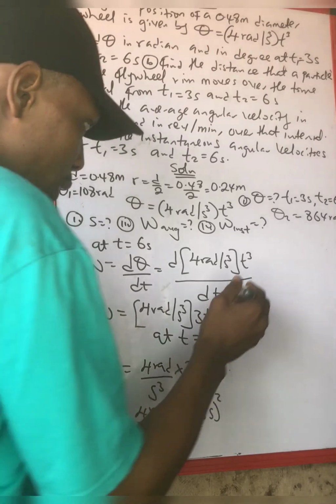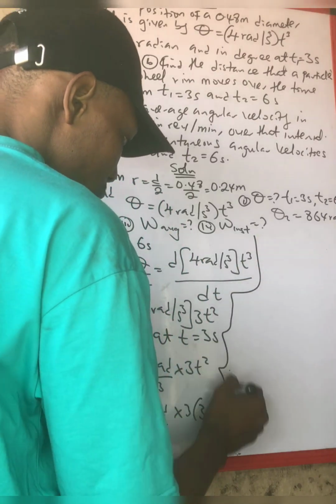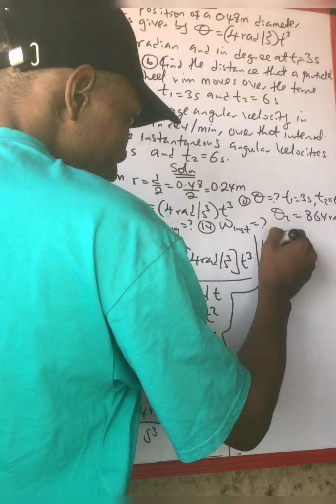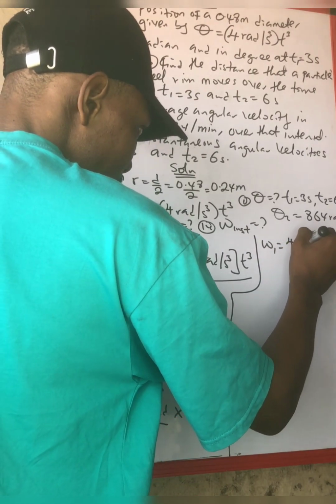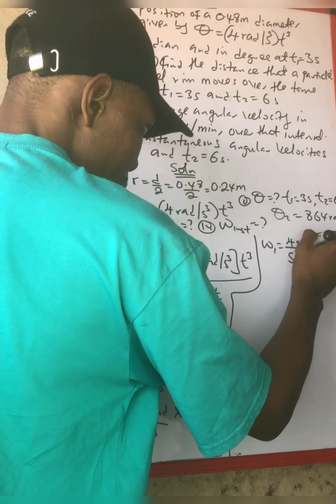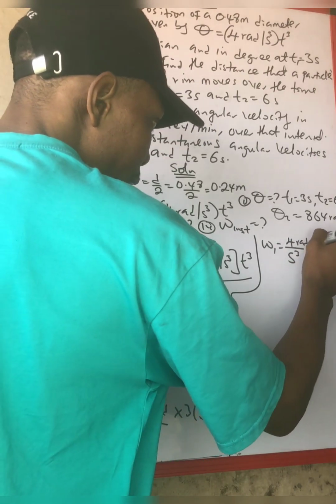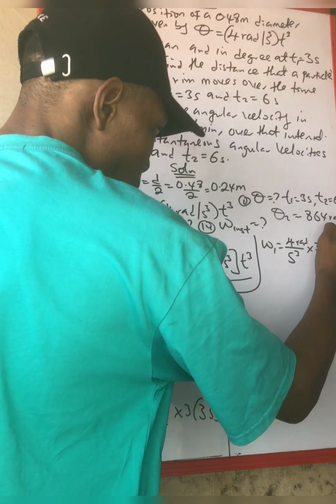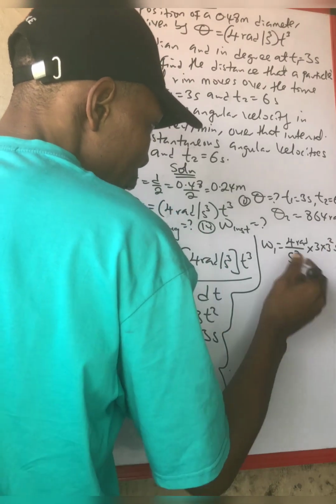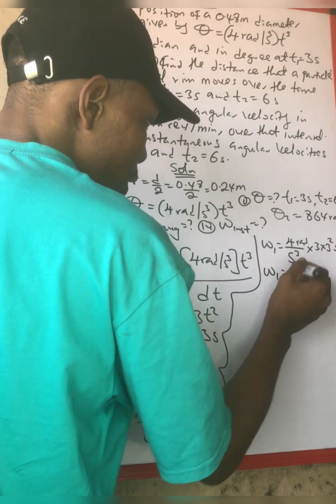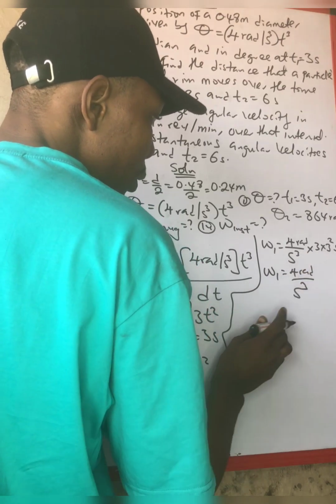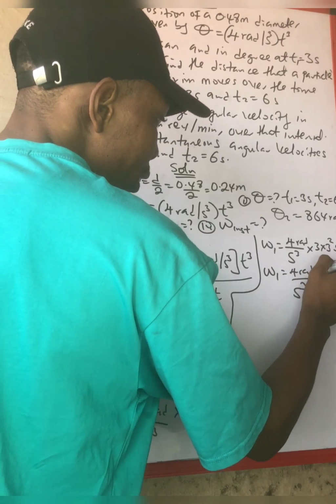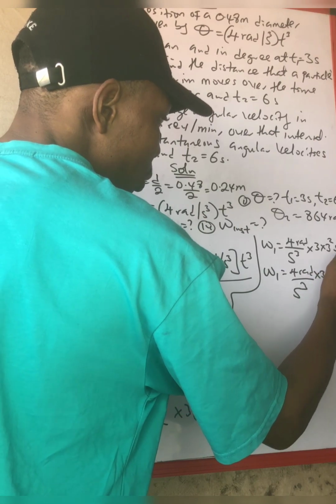So w1 will now give us 4 rad over second cube times 3 times 3 square, second square. So we have times 3 times 9 second square.